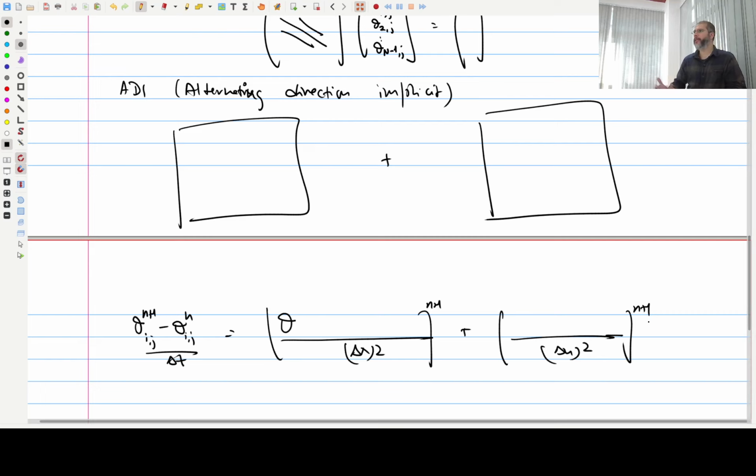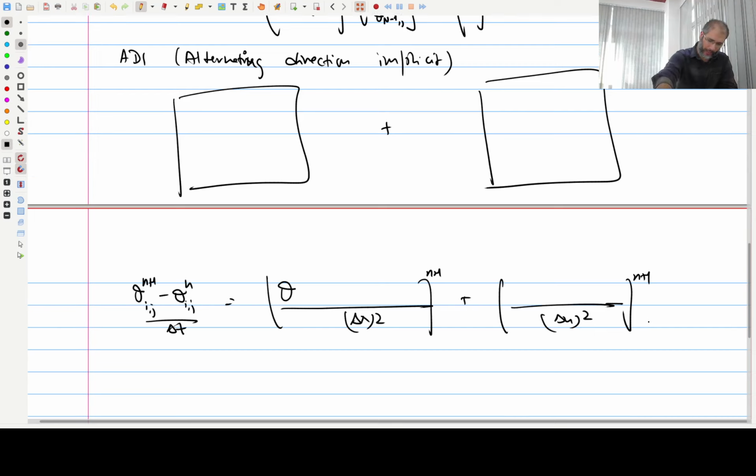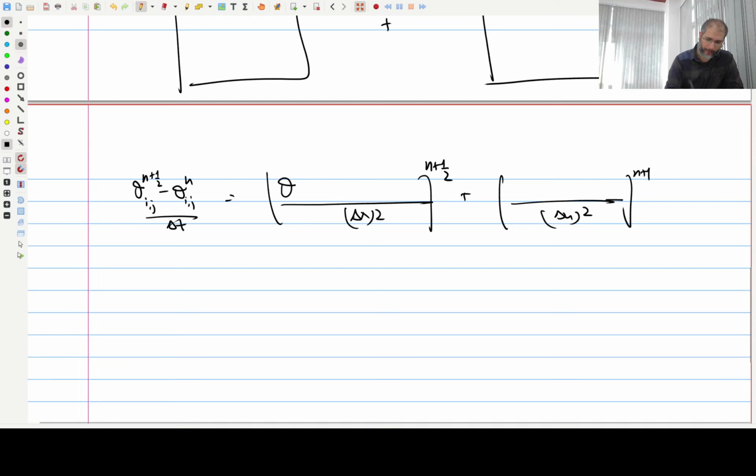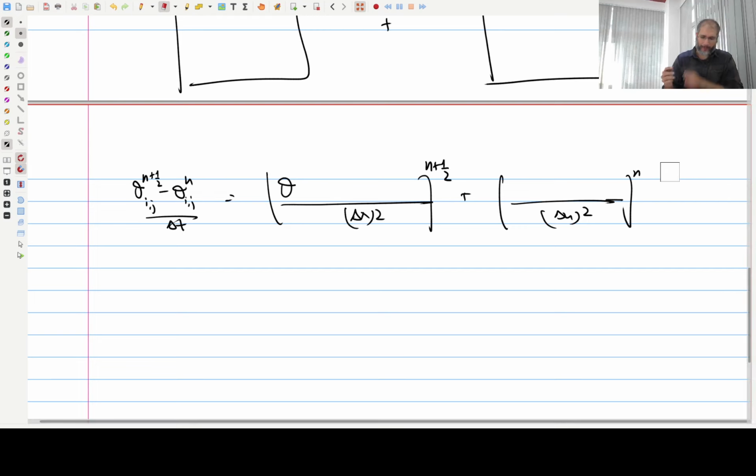So that resulted in a backward time center space, but that is where the whole problem started. So here in step number 1, instead of going for the complete time step, we go for sort of half a time step, and for this first half I'll write the x direction as implicit but the y direction as explicit.